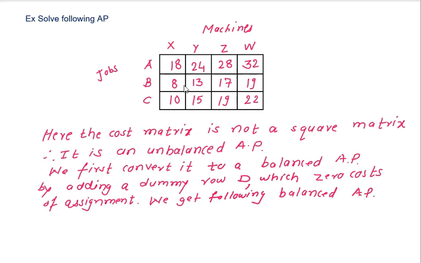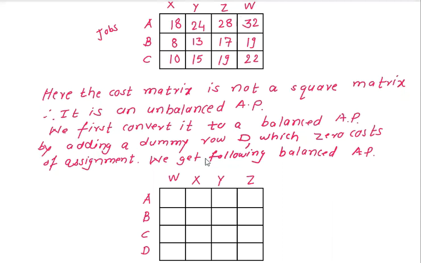So all the entries will remain as they are, only we have to add one more row to the cost matrix with zero cost of assignment. So let us add a dummy row D with zero cost of assignment.